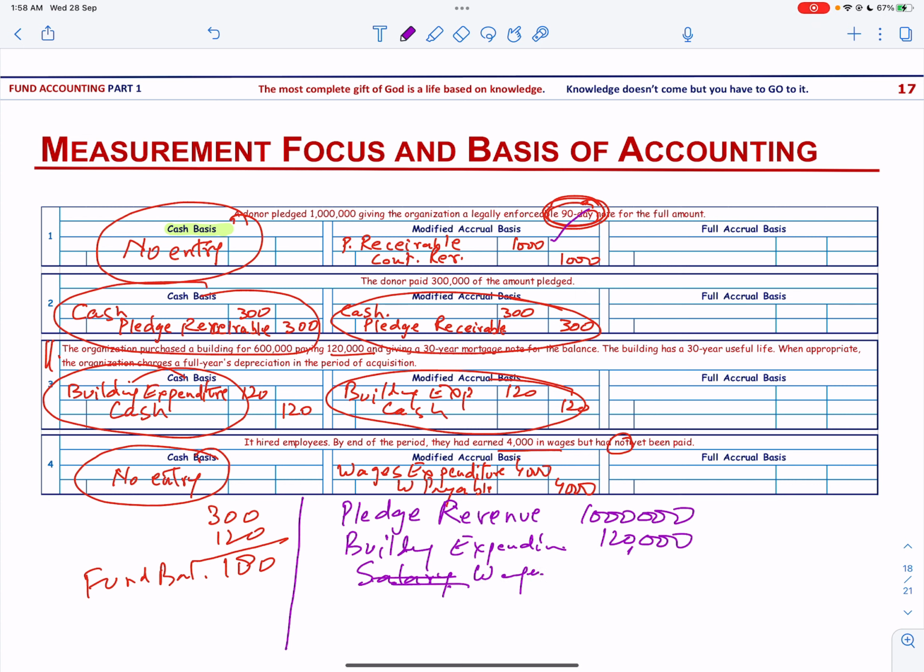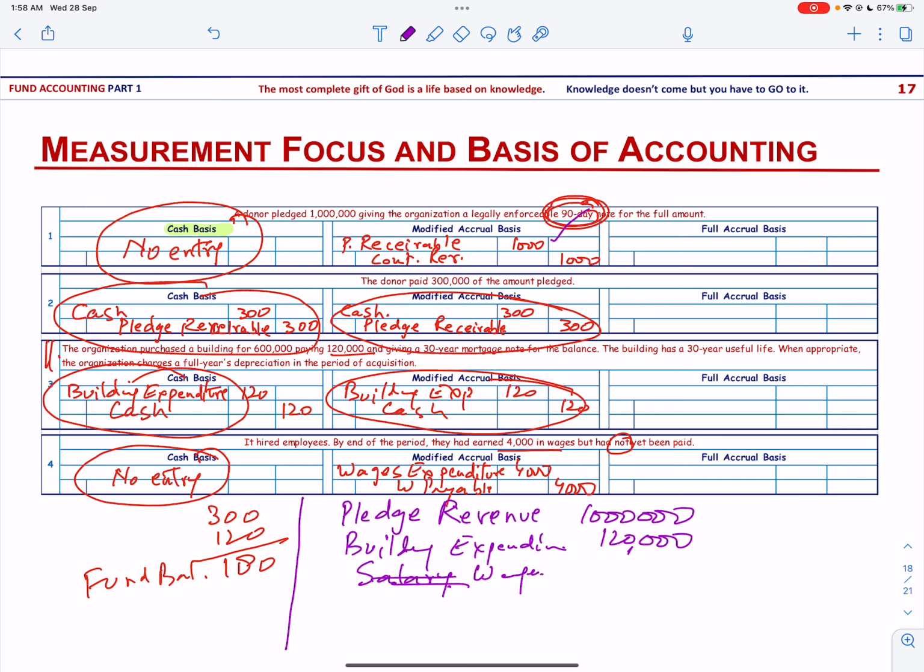Finally, using all economic resources, that means we are going to record both long-term and short-term assets and liabilities, and we are going to follow the full accrual basis.